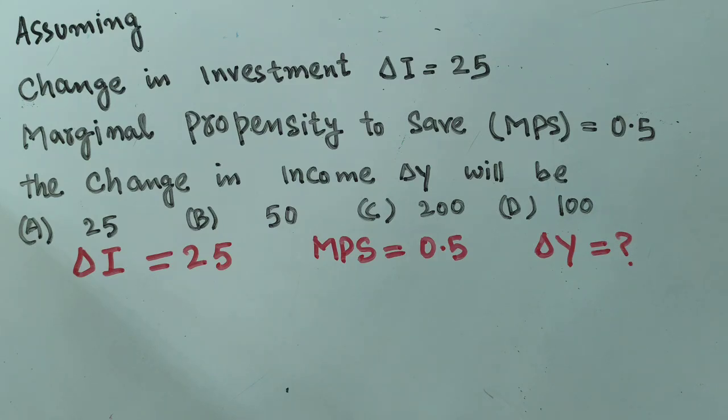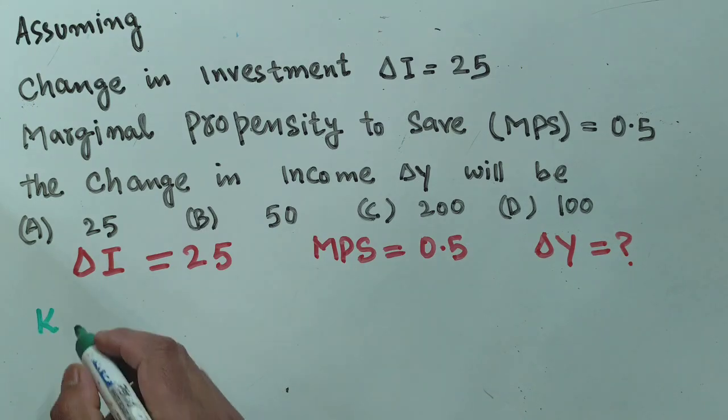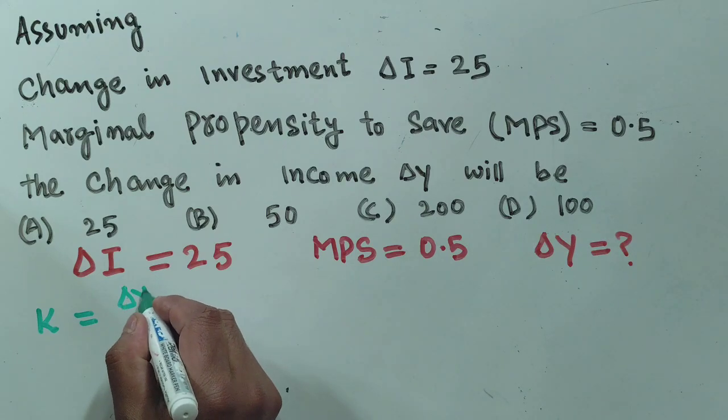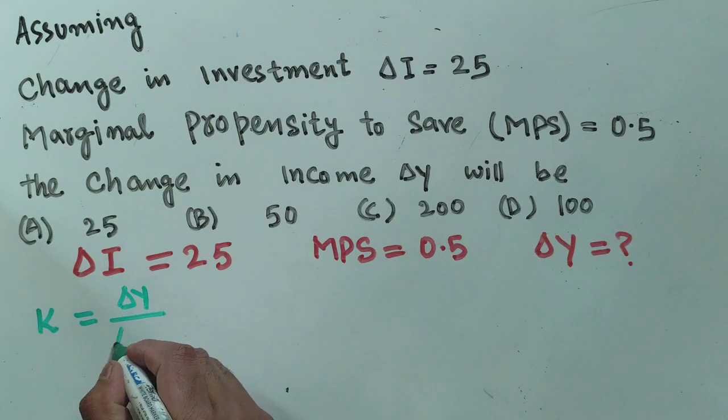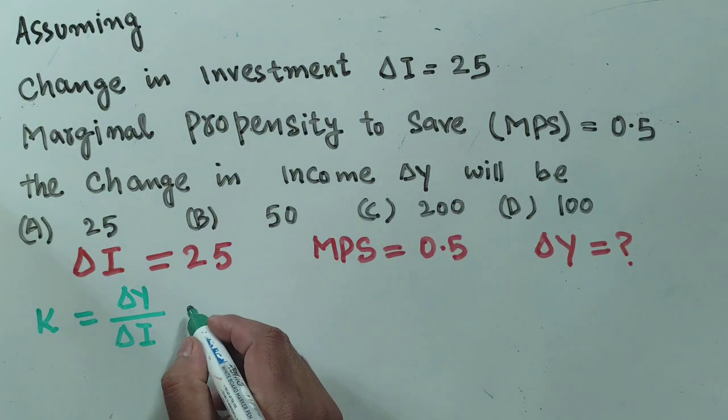Now using the multiplier formula here, we can find out. Let's denote, K denotes the multiplier, which is equal to the change in the income due to the change in the investment, which is autonomous here.